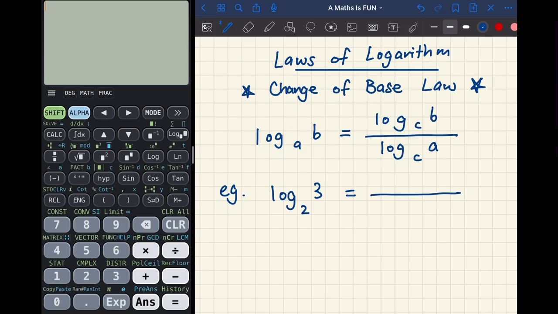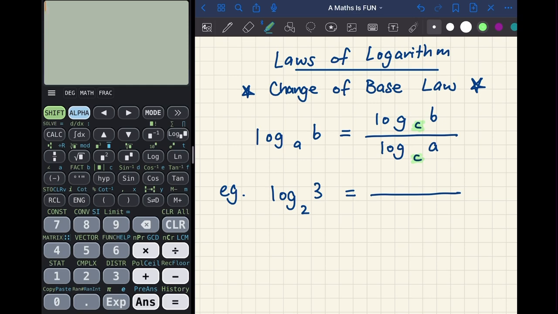So here you can see that if I have log b base a, right, the formula gives log b base c over log a base c. So now what we have done is actually to convert the base a into a different base c that we choose. And exactly what base we choose depends on the situation.